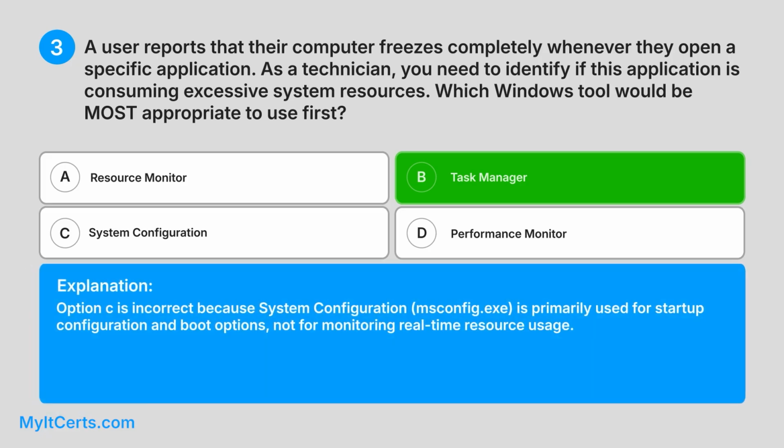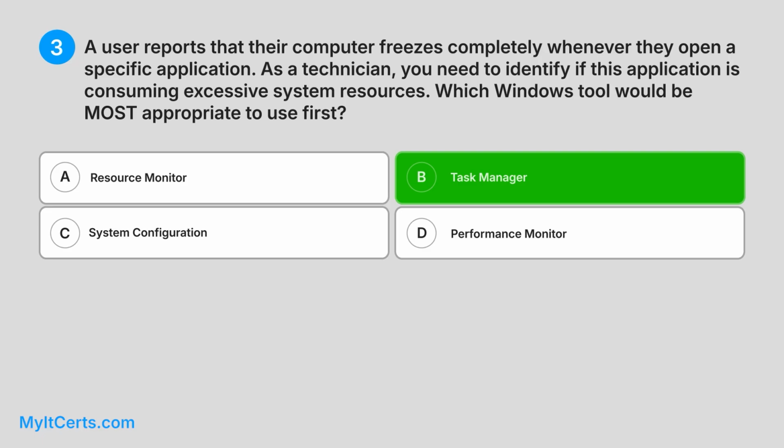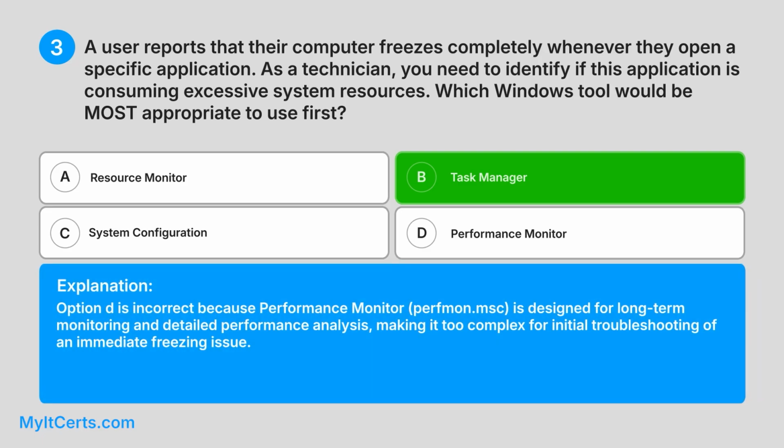Option C, System Configuration, msconfig.exe, is incorrect because it is primarily used for startup configuration and boot options, not for monitoring real-time resource usage. Option D, Performance Monitor, perfmon.msc, is incorrect because it is designed for long-term monitoring and detailed performance analysis, making it too complex for initial troubleshooting of an immediate freezing issue.